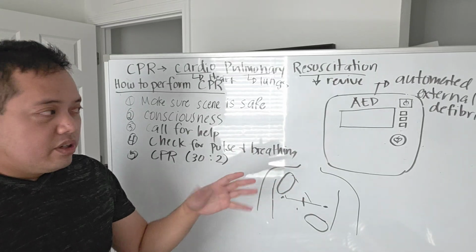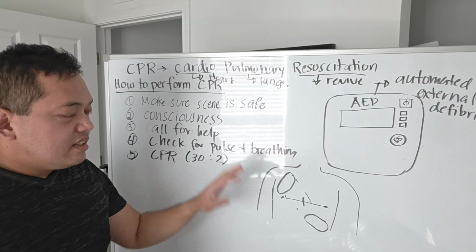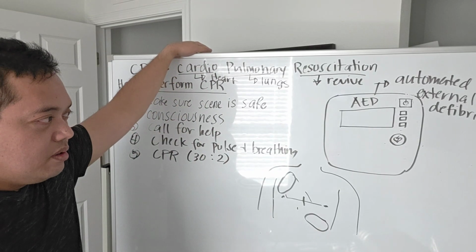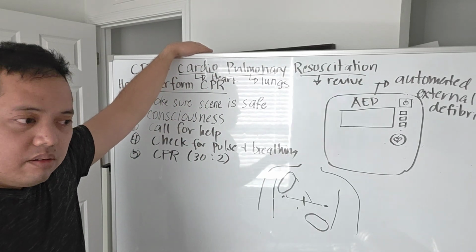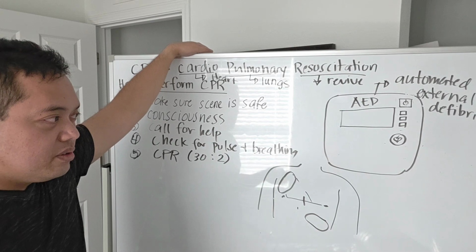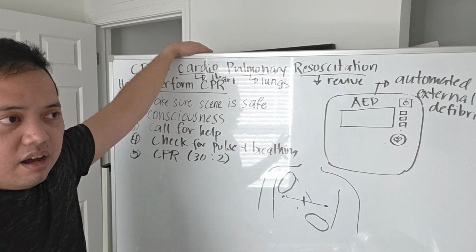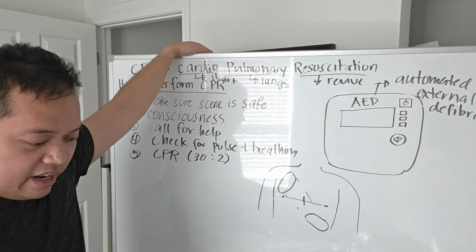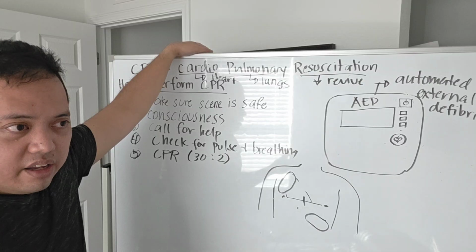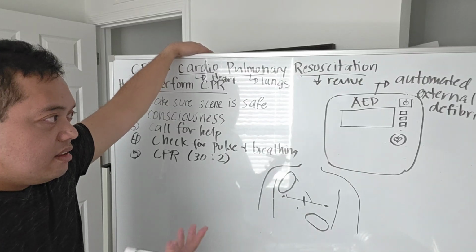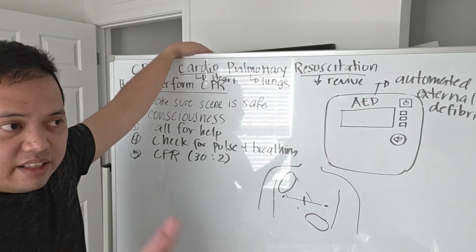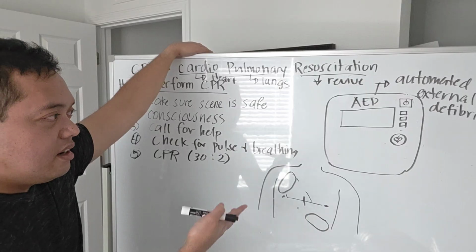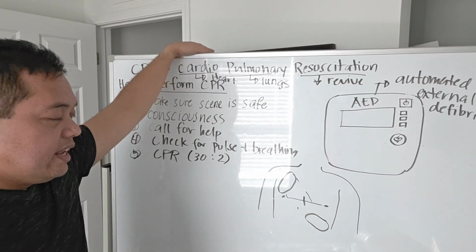Make sure that nobody is touching the patient, because you don't want other people to get shocked. Also, during analyzing, you don't want anybody to touch the person, because it's going to mess up the AED's reading of the heart rhythm.